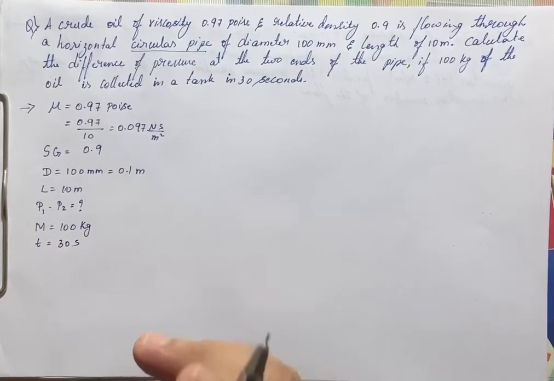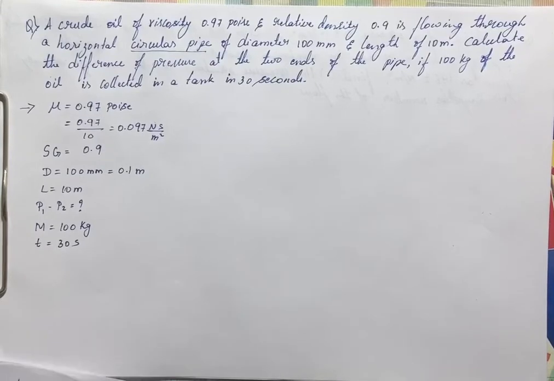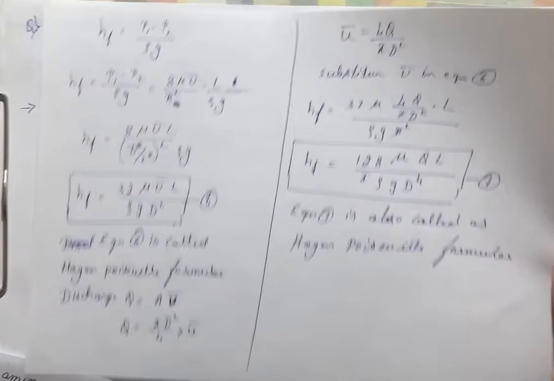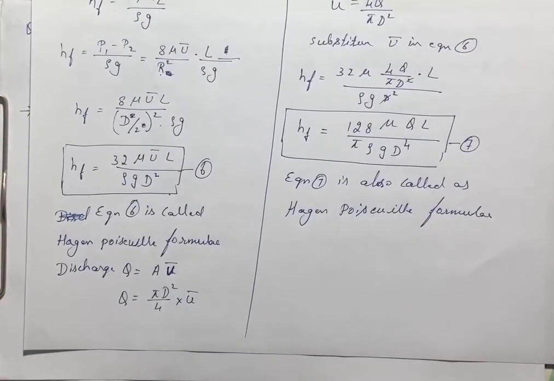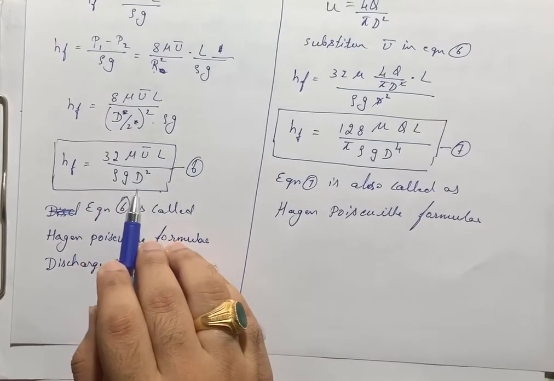Now what is the Hagen-Poiseuille equation we have? See here, the Hagen-Poiseuille equation we have is this one, right? That means 32 mu u bar L divided by rho g d square.